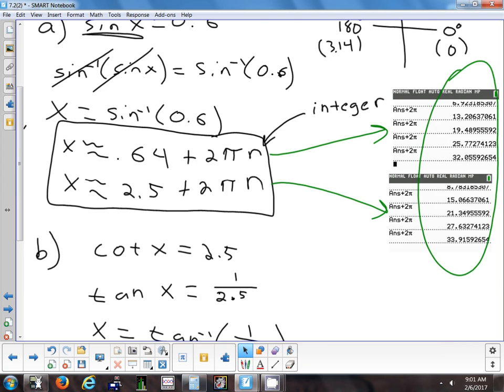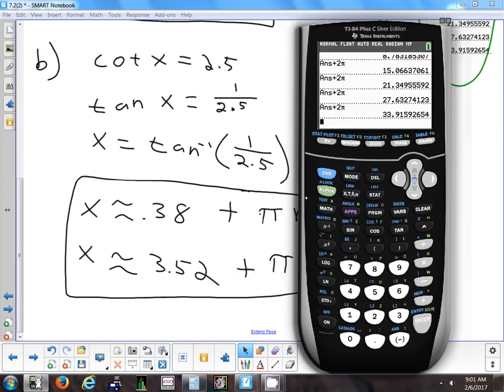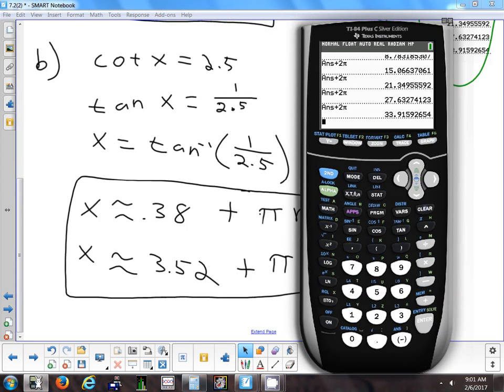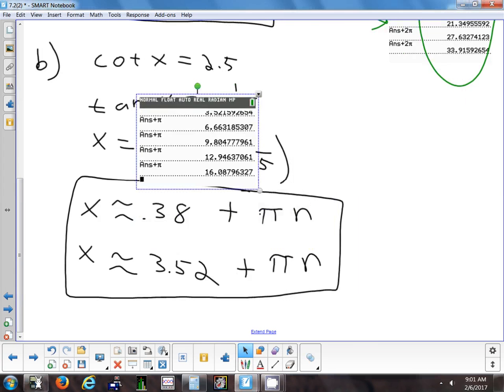Okay, let's do the same thing down below. Let's take 0.38 and let's add pi. Okay, I get 3.52. And let's add pi again. And we'll do it a couple times. And look at the answers that I get.